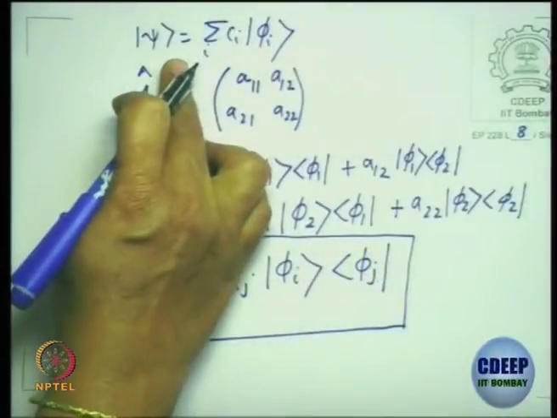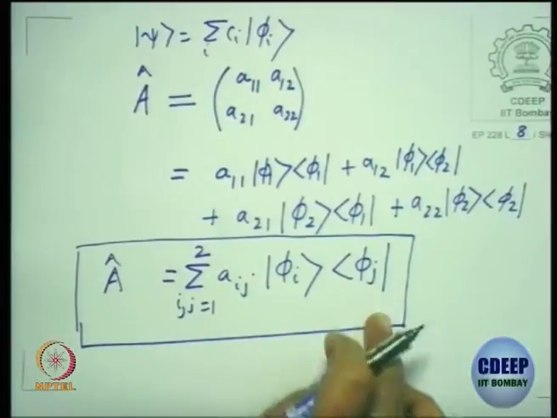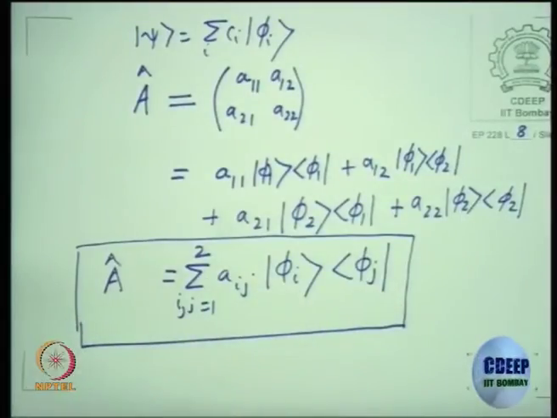So, an operator in quantum mechanics can be defined just like phi i, the basis for the states. The outer product will be the basis for the operators. How many will be there in an n-dimensional vector space? N squared basis elements.